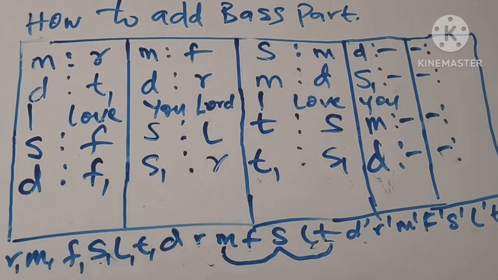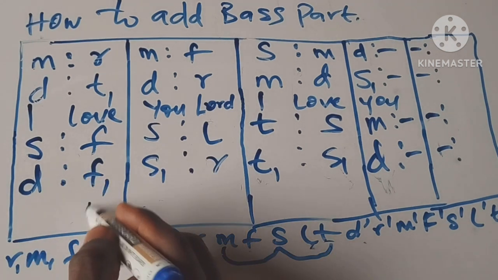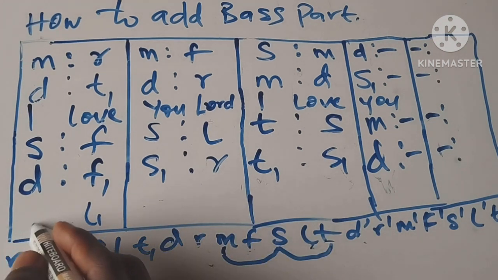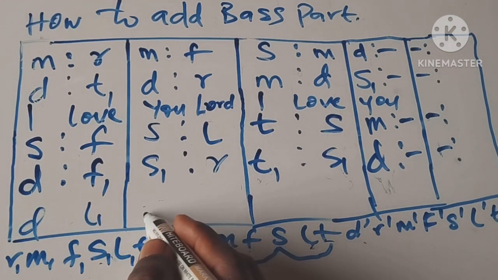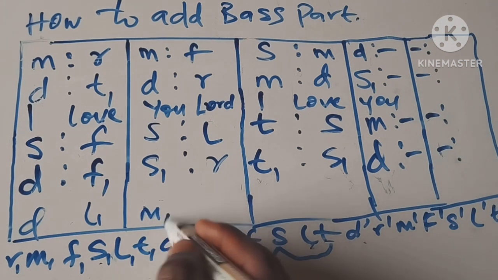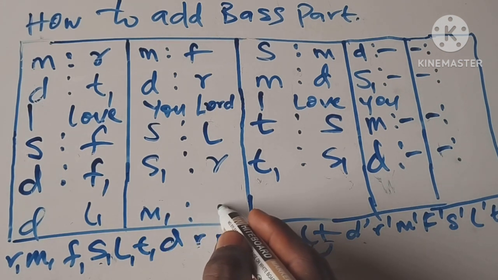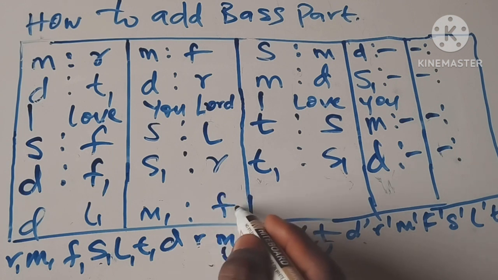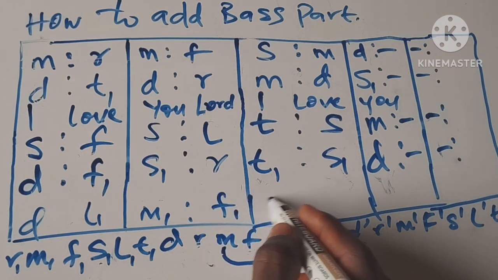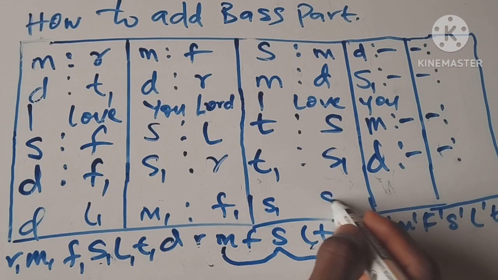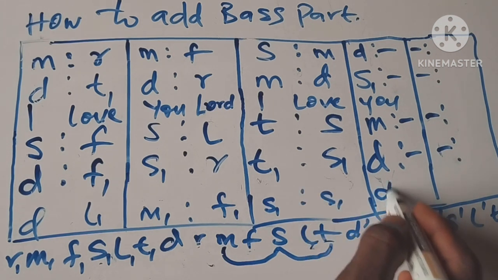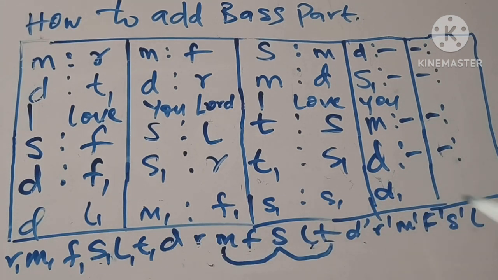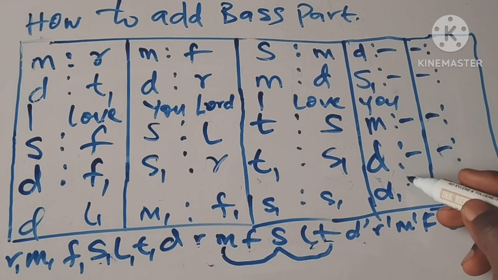La can also go here. I can put La here. Maybe do la. I can put do la mi, do la mi fa, so do. See, I have put second bass now.